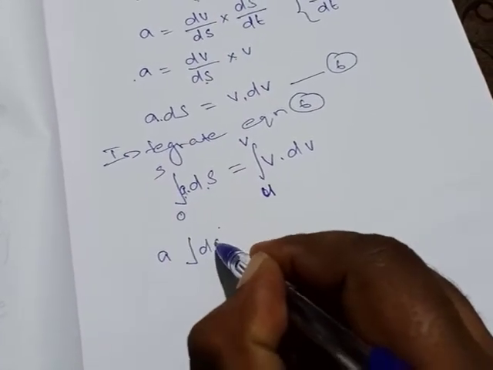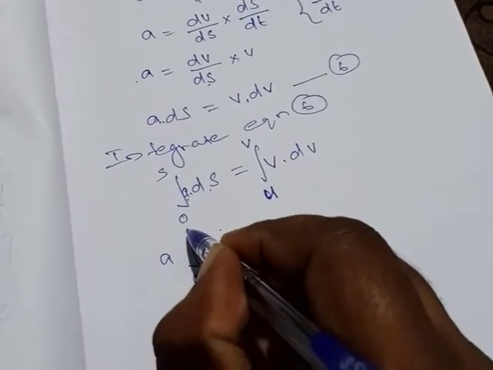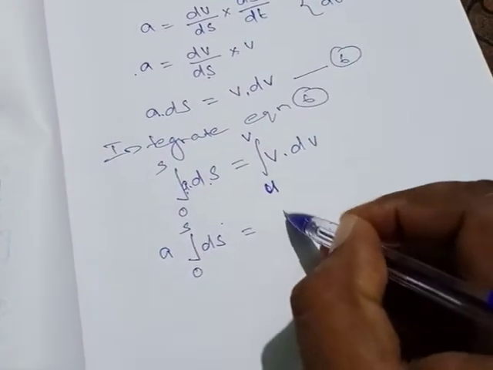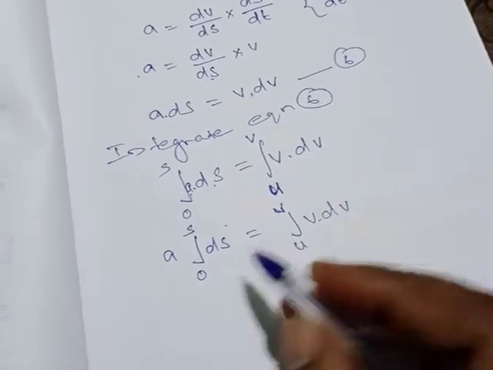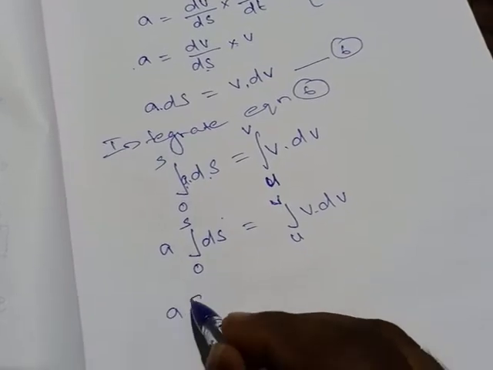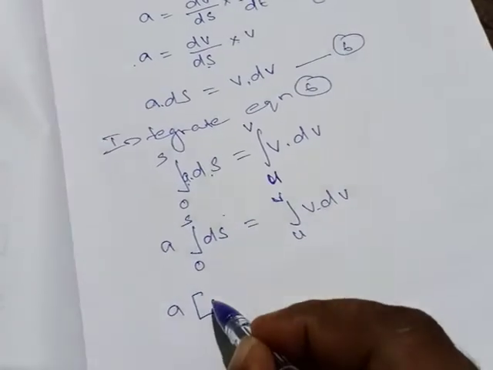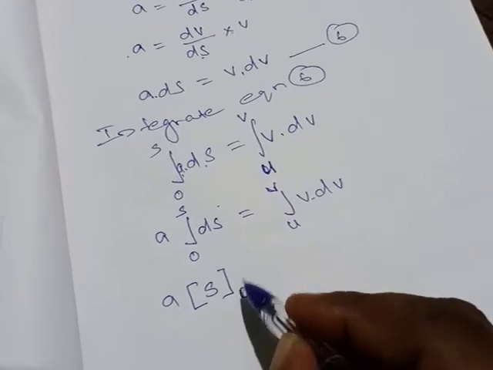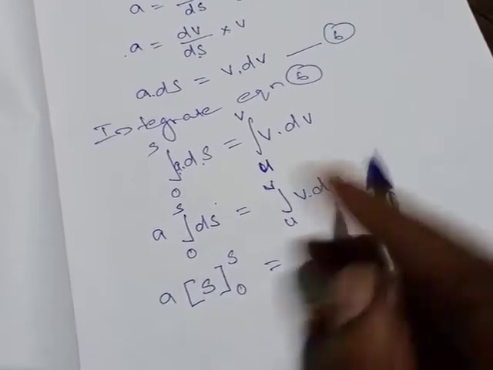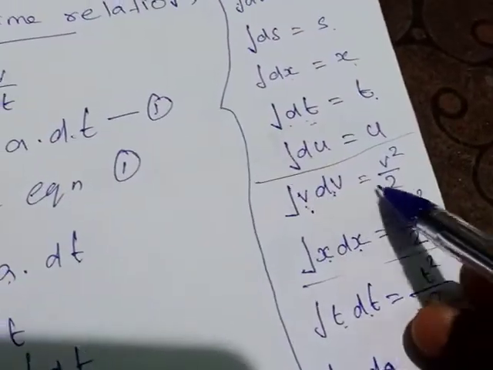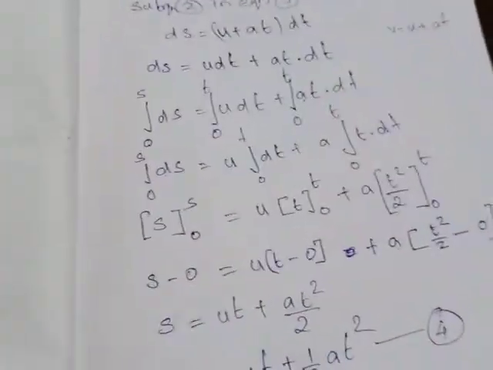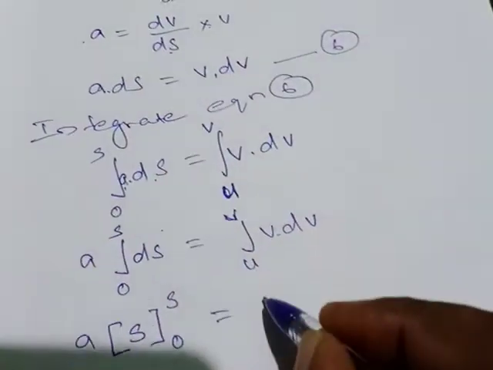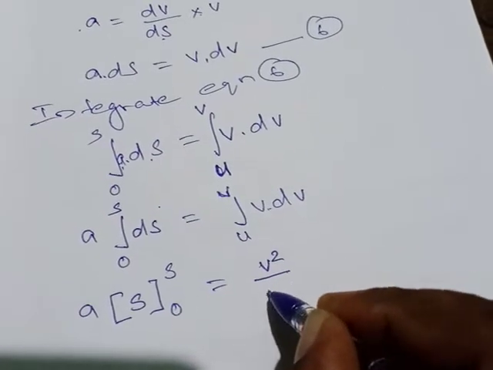Only ds is integrating. 0 to s, u to v dv. So a into ds integration is s. So limit 0 to s, v dv. What format of v dv means? v dv means v square, ds means s. So v dv means v square by 2.